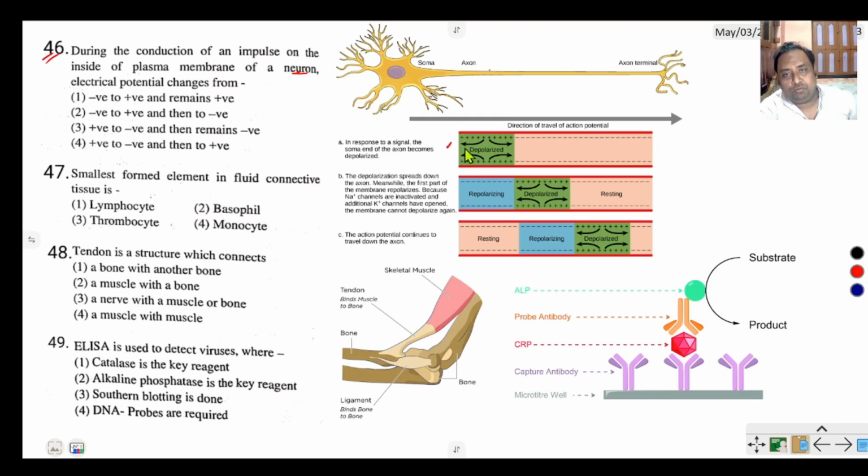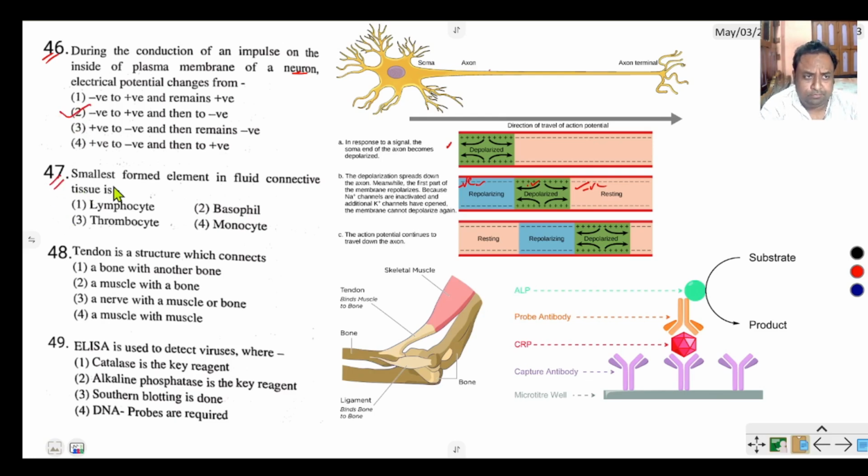But during the depolarized condition, the positive charge enters inside the plasma lemma and the negative charge is outside. So the inside goes negative, then positive, and then again negative. This is the correct option.